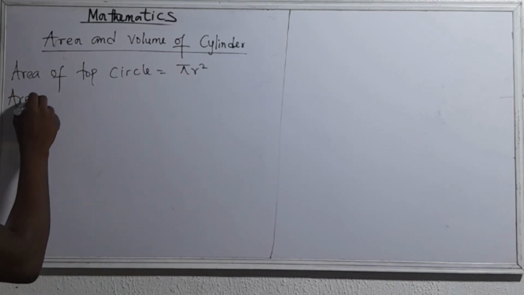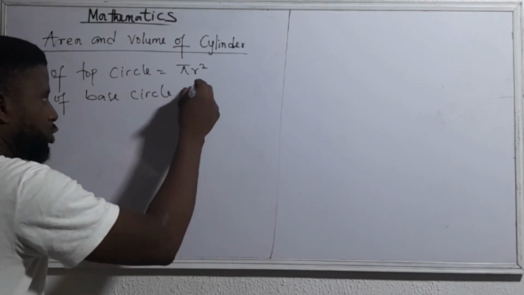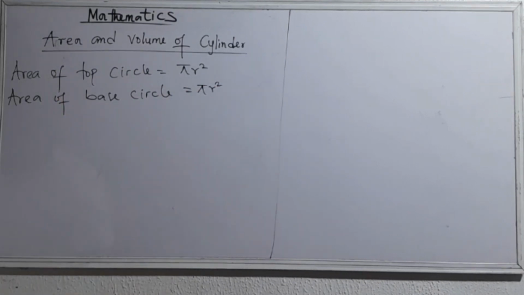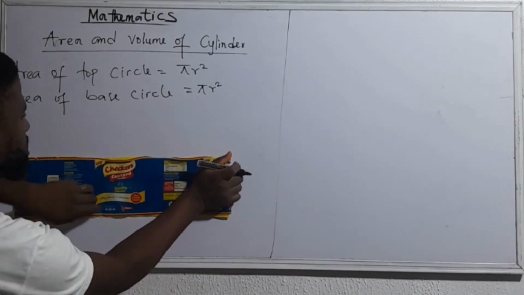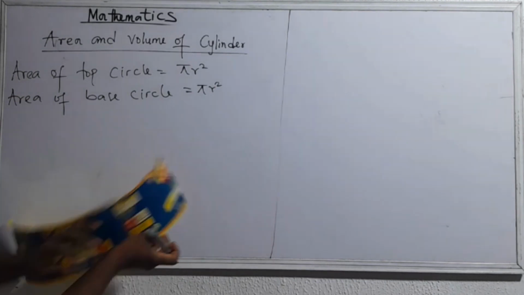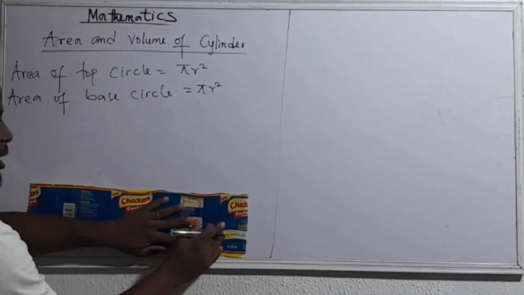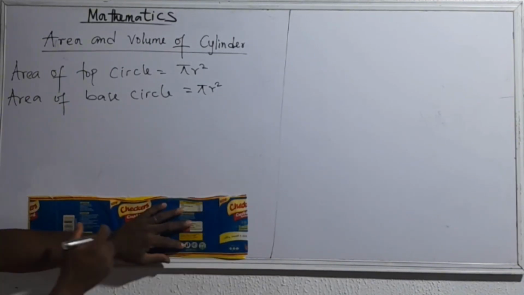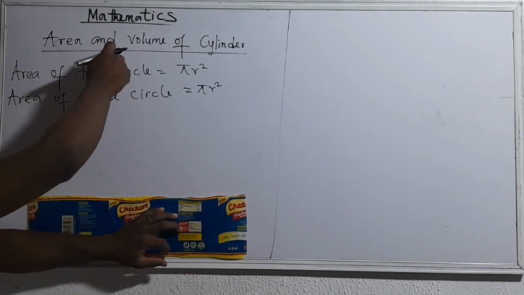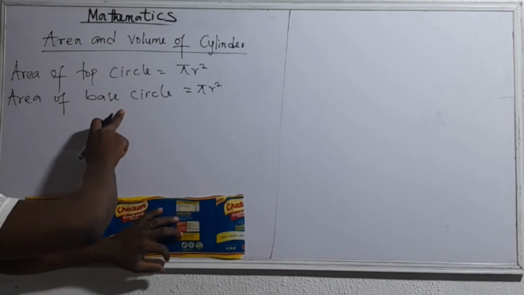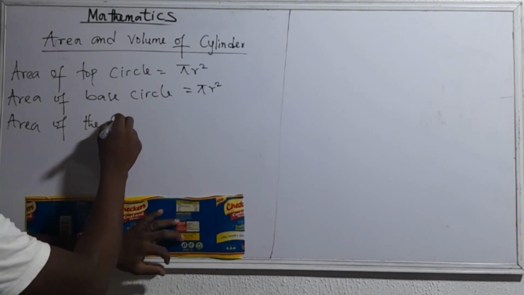We have the area of the base circle, which is also pi r square. Now, we have this curved surface, but if you stretch it out, it becomes a rectangle. So the area of a cylinder is the area of the top circle plus the area of the base circle plus the area of the curved surface.